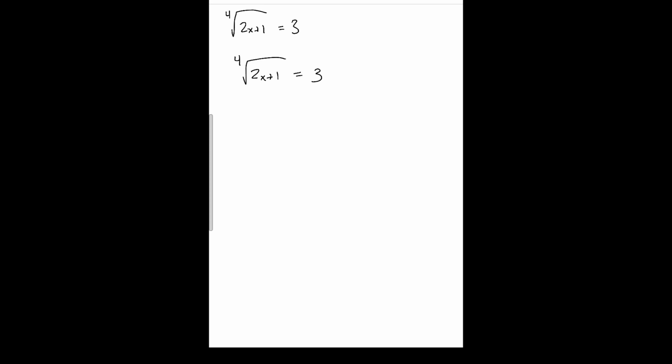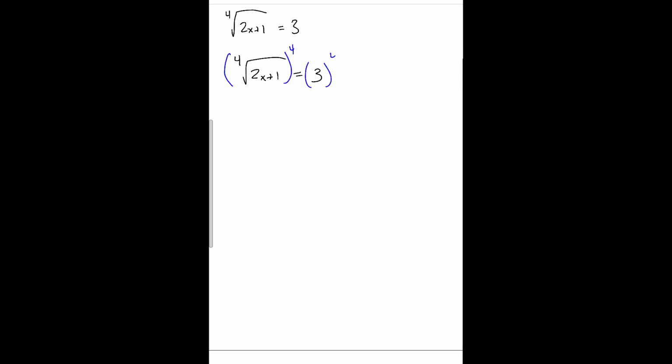So when we raise both sides of that equation to the fourth power, the fourth power on the left-hand side reduces with the fourth root, leaving us with just 2x plus 1. It basically unravels that fourth root.